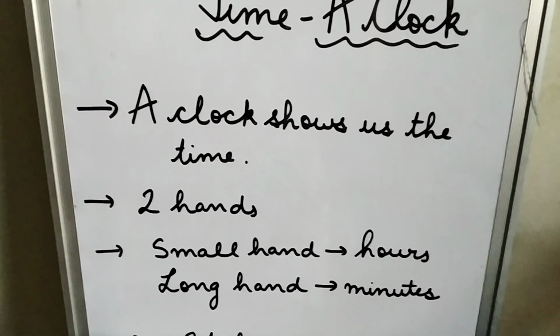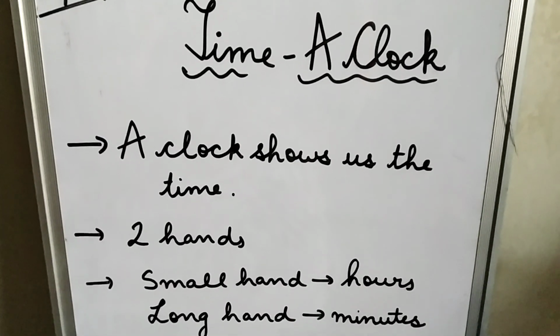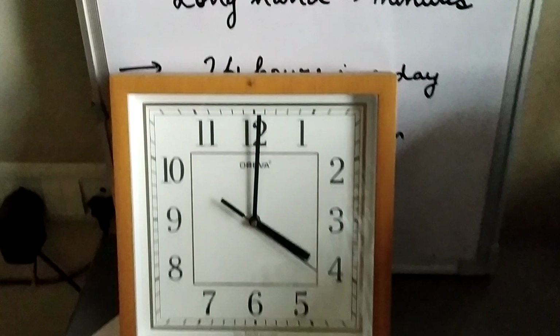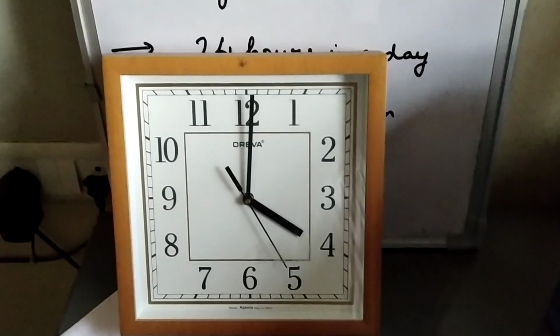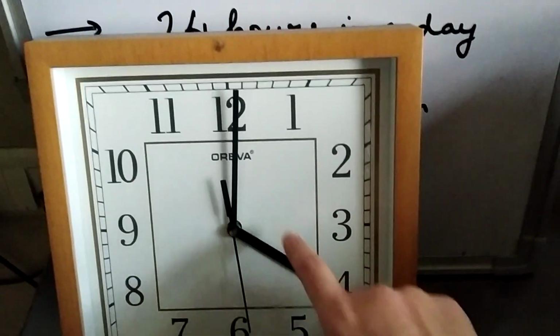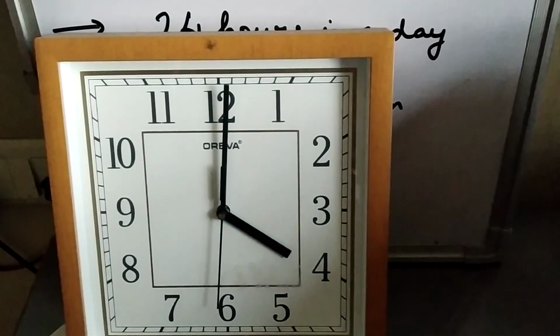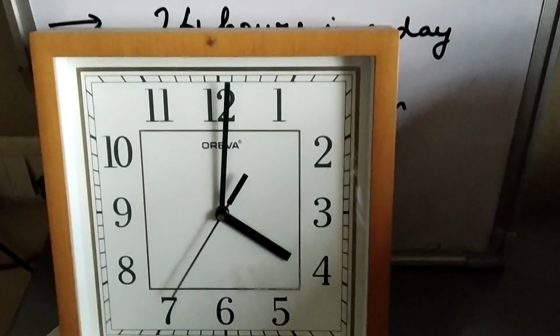So for your convenience, I have brought a clock for you. Now we are going to see the image of a clock. So this is a clock in front of you children, and you can see that there is one long hand and one short hand. So what are these long and short hands?